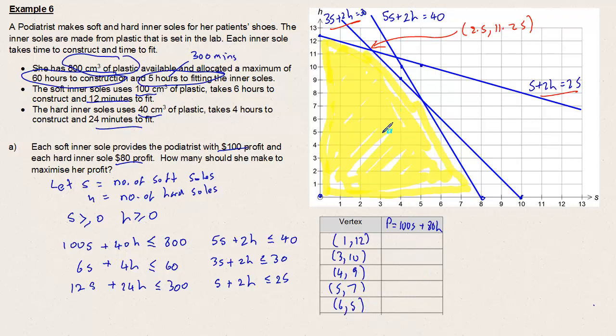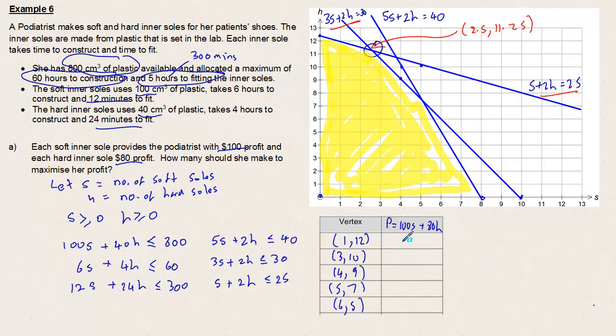So those are close to where we found the solution was. And we found the solution before was at 2.5, 11.25. So we're looking around here, but we need to look close to these other vertices as well, which is why we've got things like 5, 7 and so on.